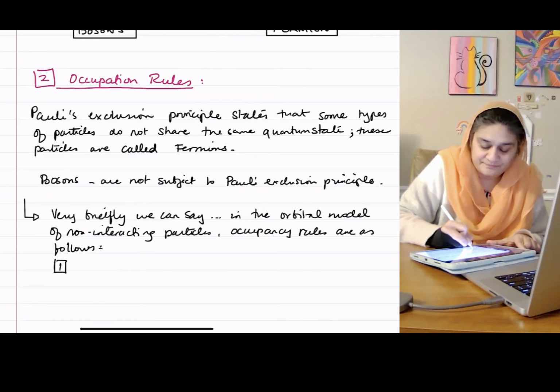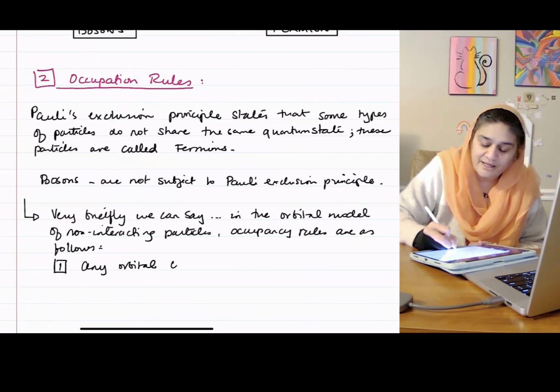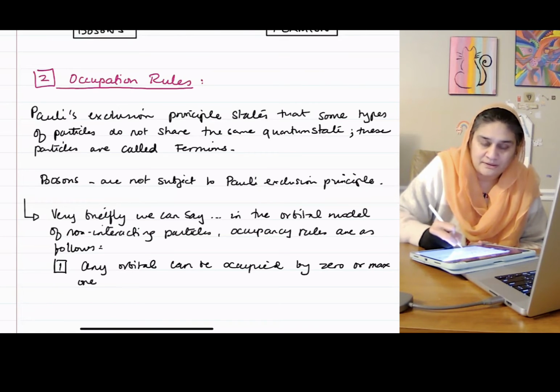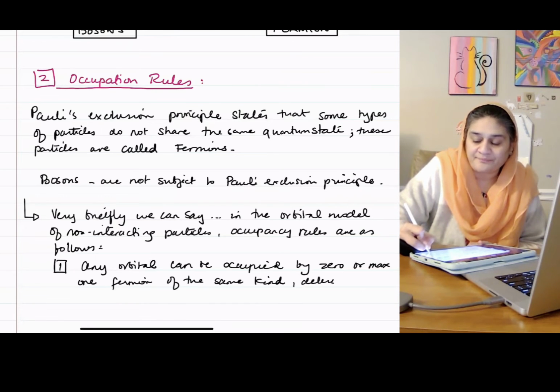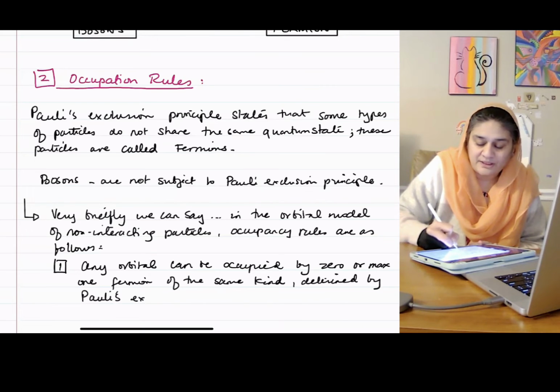Number one, any orbital can be occupied by 0 or maximum 1 fermion of the same kind, determined by Pauli's exclusion principle.